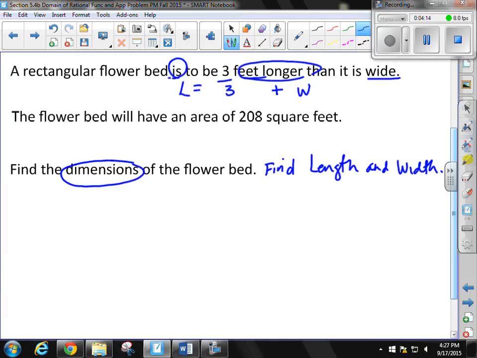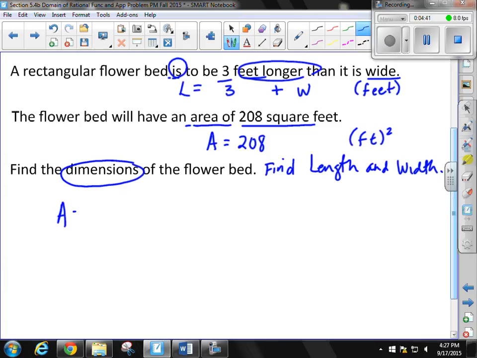The flower bed will have an area of 208 square feet. So area is 208. The units on individual dimensions like length and width are feet. When we talk about area, where we're multiplying length times width, we get feet times feet, or square feet. It doesn't mean we're squaring the 208, it just means the units are squared.